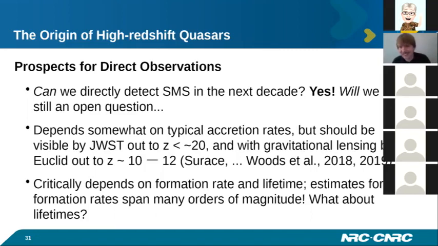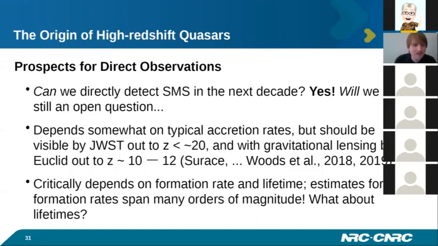Ideally, a hunt for these objects, if they are relatively rarer, would be to go hunting for somewhat lower redshift supermassive stars with Euclid, and try to come up with some kind of color selection tool for candidates, and then do spectroscopic follow-up on the most promising candidates with James Webb to try and confirm these.